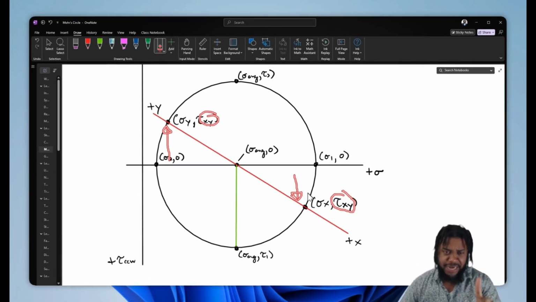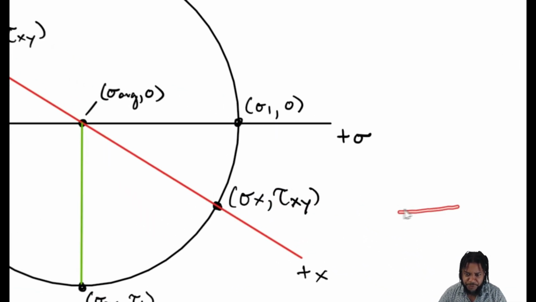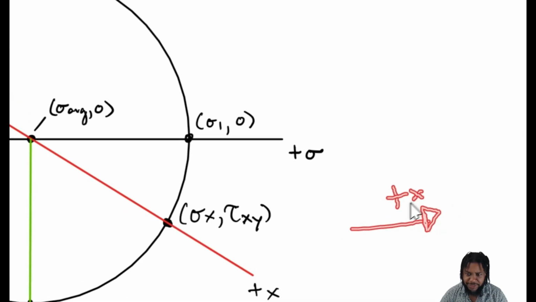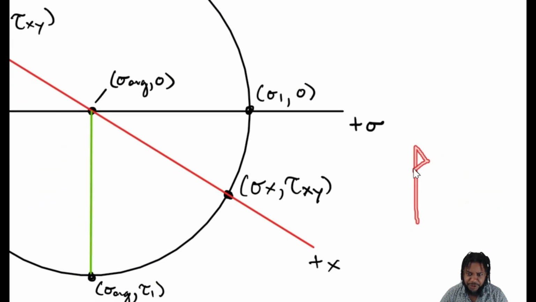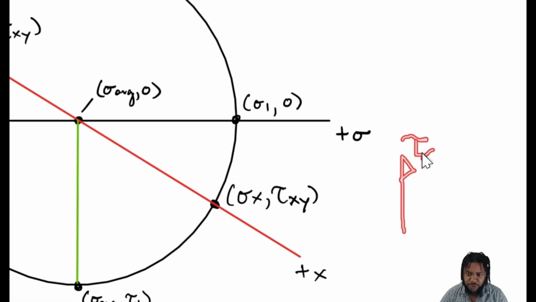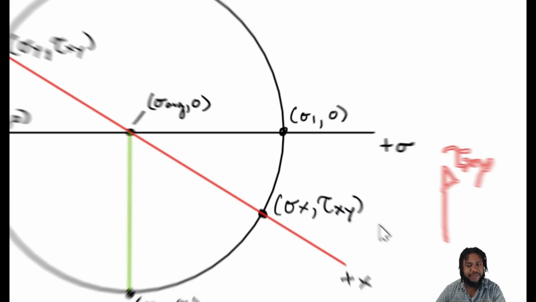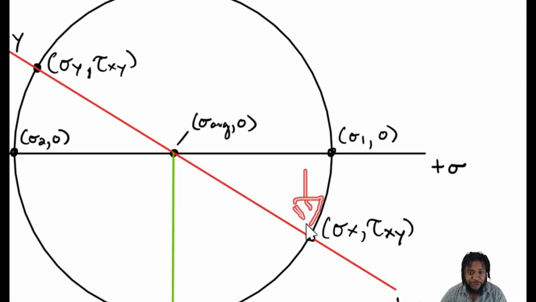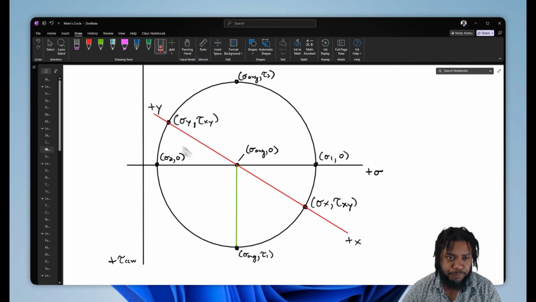Let's remember the sign convention from our previous video: on the positive x surface of our stress element, if our shear stress makes us want to rotate counterclockwise, then we have a positive shear stress, which we then plot below the axis. All right, so now we've got our original state of stress.